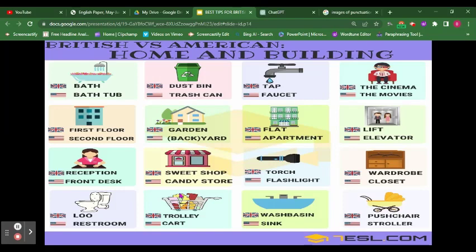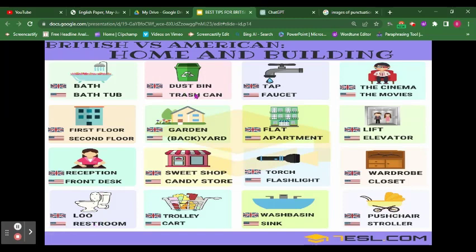So you can go through the list, where you have British English talking about first floor, American English calls it second floor. Reception in British English is front desk in American English. Toilet in British English is restroom in American English.